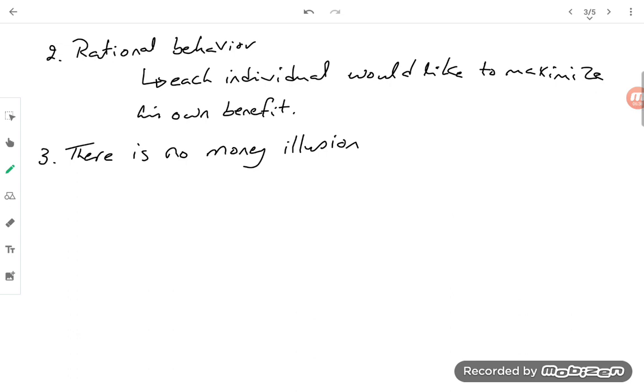So here we have to differentiate between nominal prices and real prices. Nominal price means the announced or actual market price of the commodity, and is expressed in terms of money.